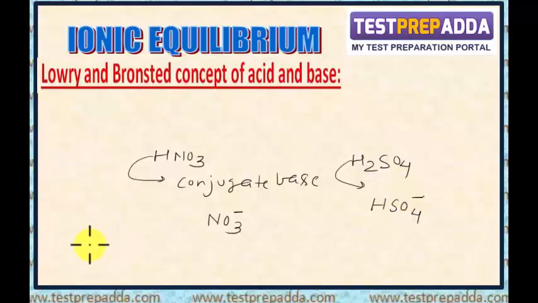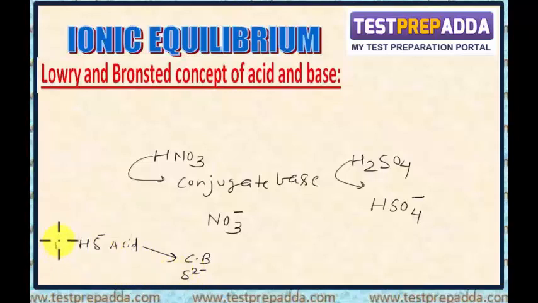Getting the idea? Now, if I write HS minus, HS minus is having H plus. That is why if I consider this as acid, then I can write the conjugate base as S2 minus. I have removed one H plus.